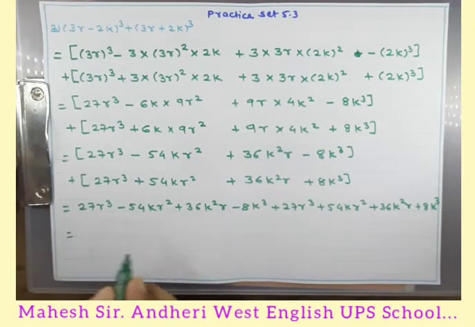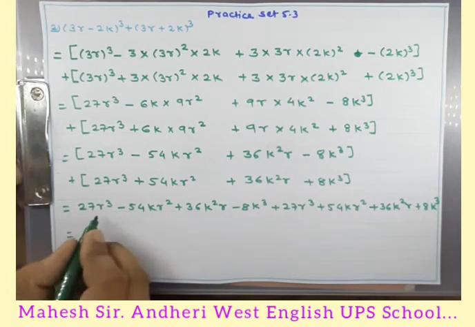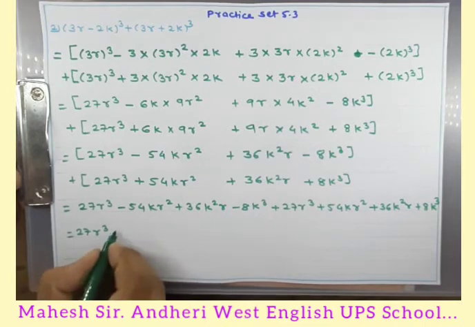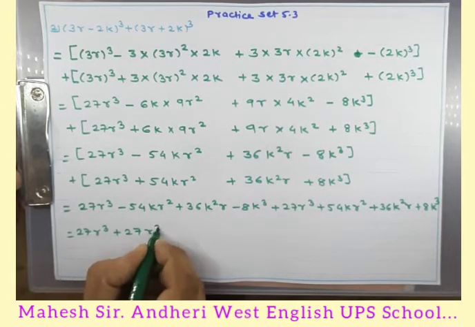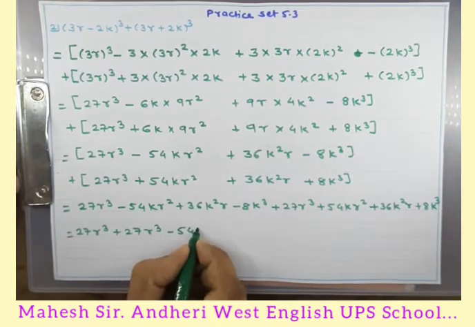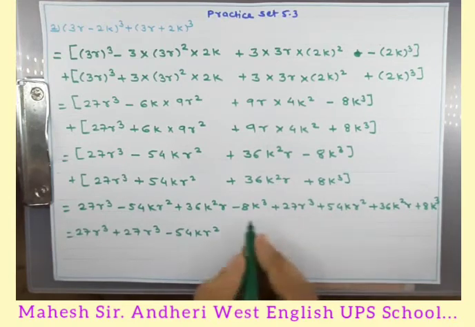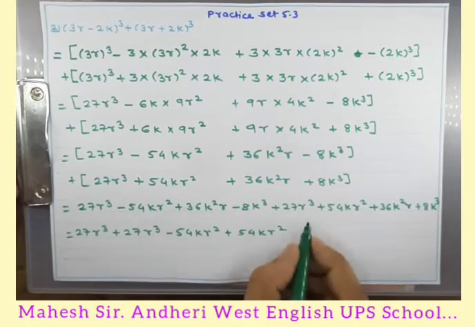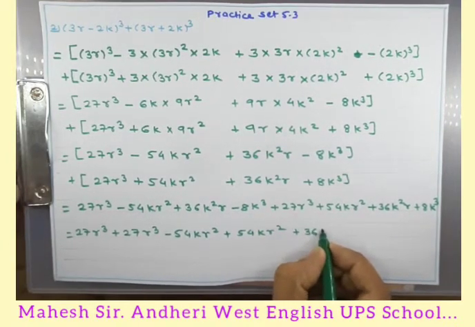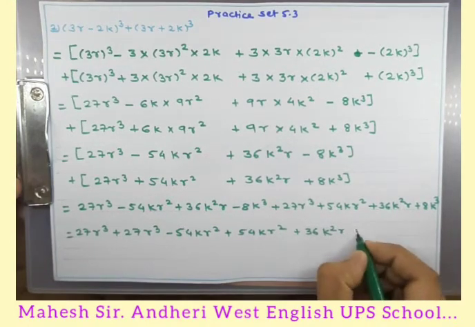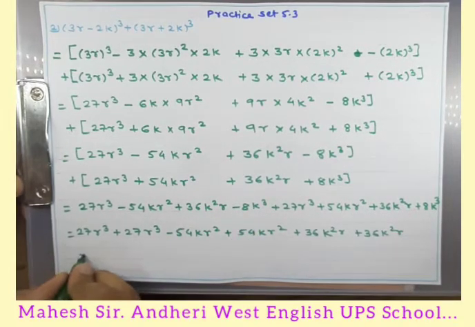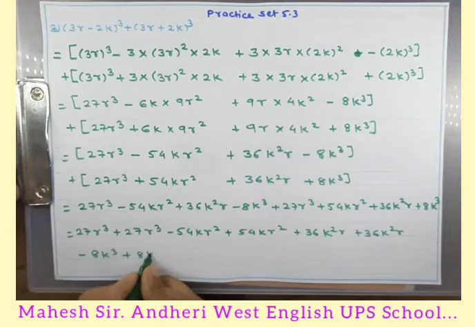Then we will write the like terms: r cube and r cube are there, so 27r cube plus 27r cube, then minus 54 k r square and plus 54 k r square, then plus 36 k square r and plus 36 k square r, and what is remaining? Minus 8k cube, and here plus 8k cube.